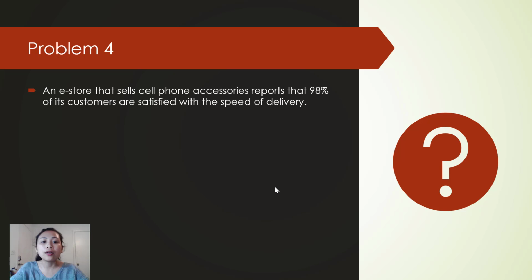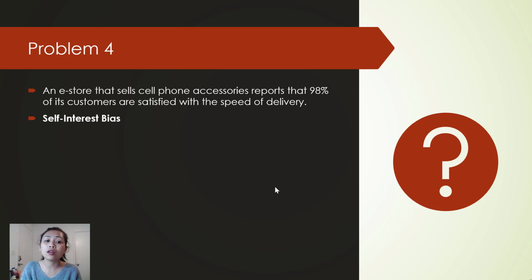Problem number 4. An e-store that sells cell phone accessories reports that 98% of its customers are satisfied with the speed of delivery. So in this case, this is a self-interest bias, because the reports were made by the company.